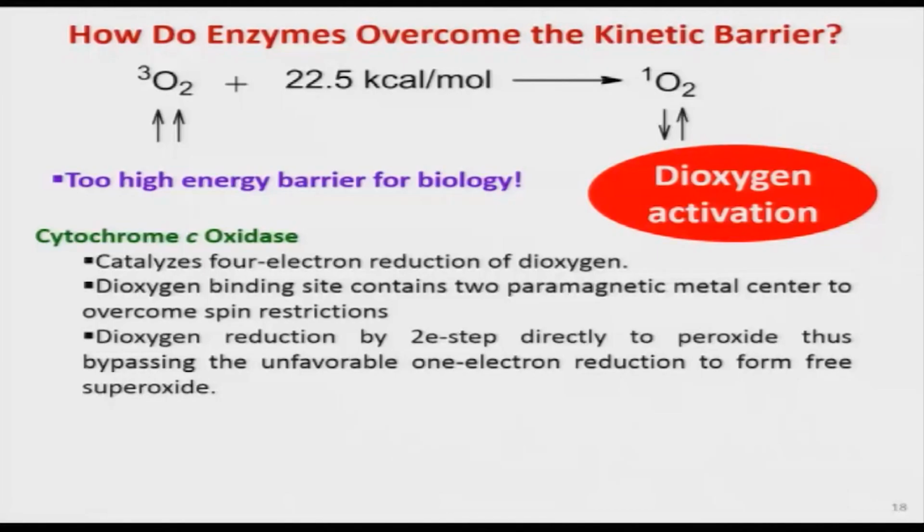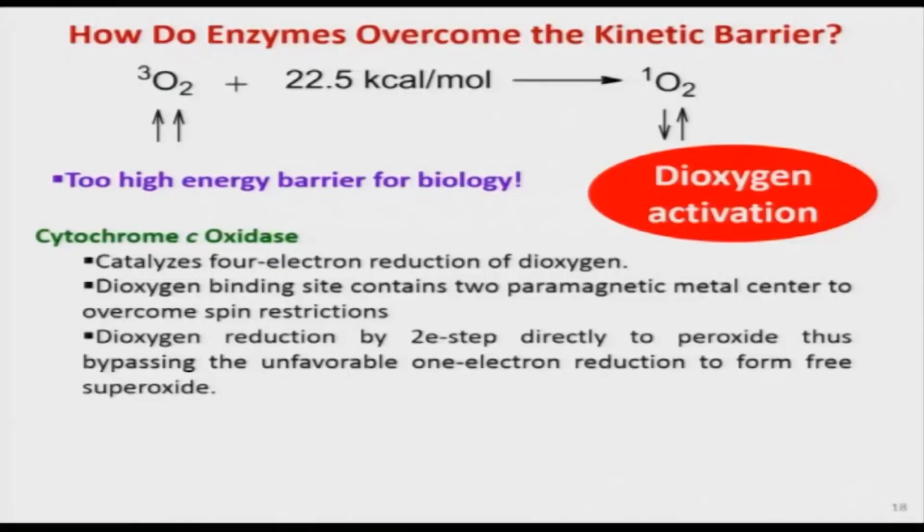Okay. So, I will give just two examples to show you how biology actually bypasses or overcomes this kinetic barrier. I will be discussing in detail cytochrome c oxidase, which actually produces energy, where dioxygen gives rise to water and releases a huge amount of energy. What is happening is that if you add 4 protons and 4 electrons in a concerted way, this is thermodynamically favorable, and you do not go through that 1-electron reduced species.